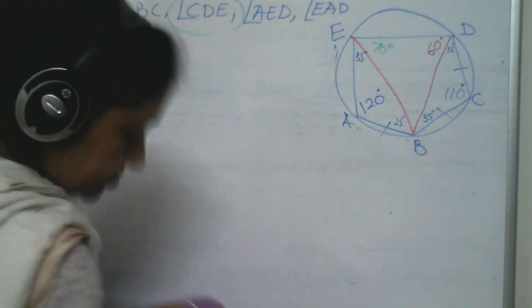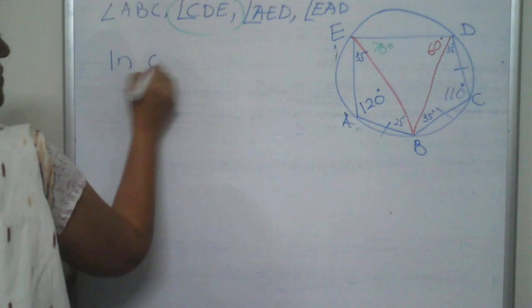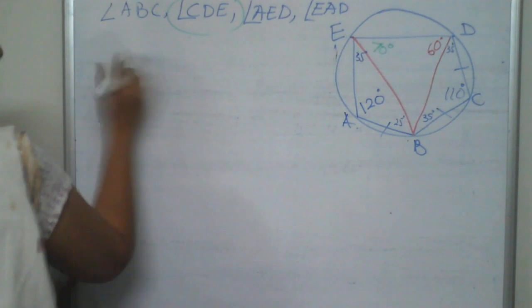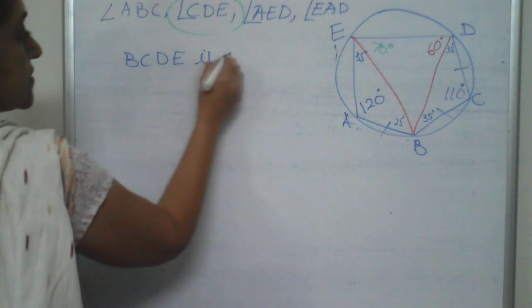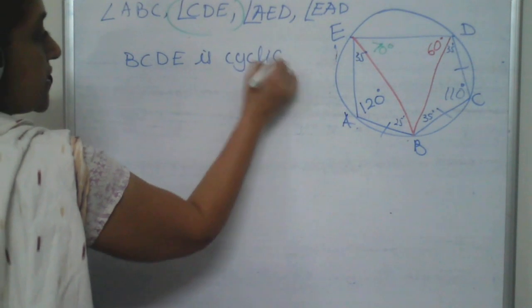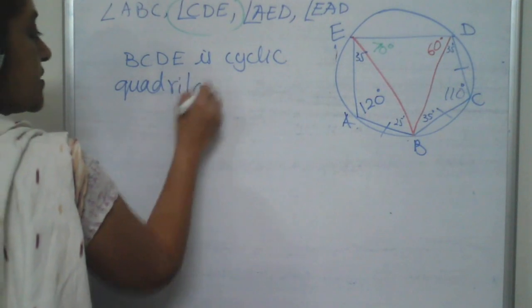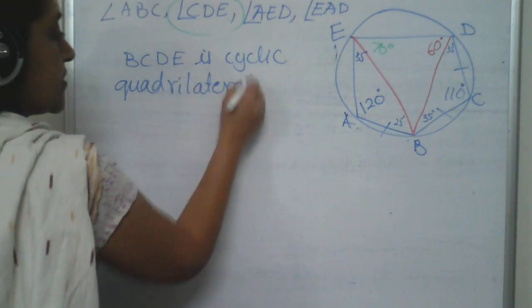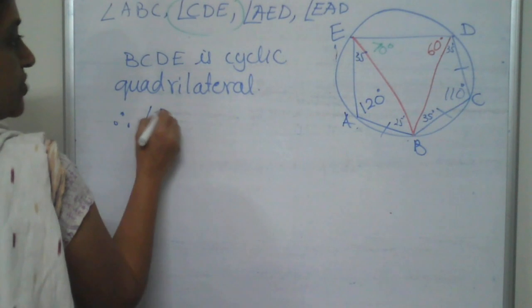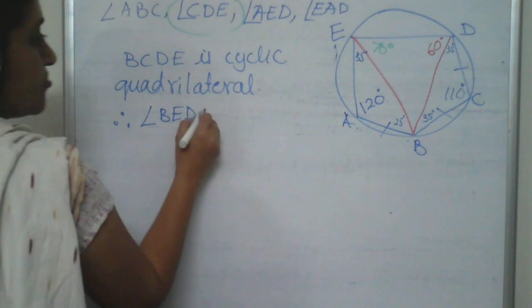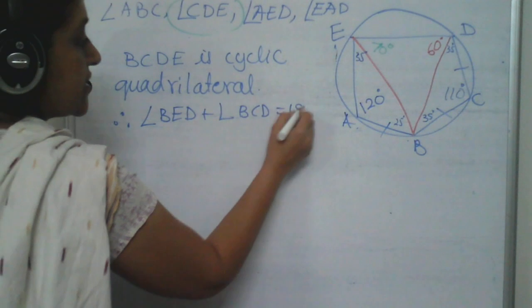Okay, here we go. In BCDE, which is a cyclic quadrilateral, therefore angle BED plus angle BCD is equal to 180 degrees.